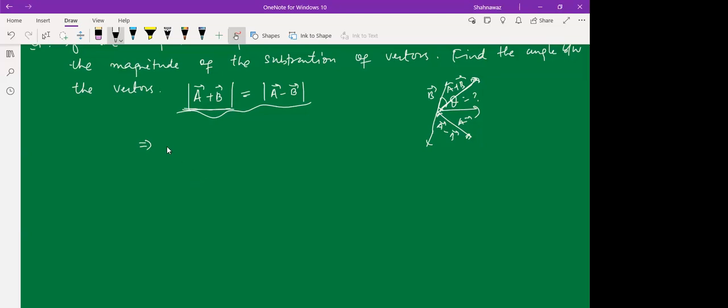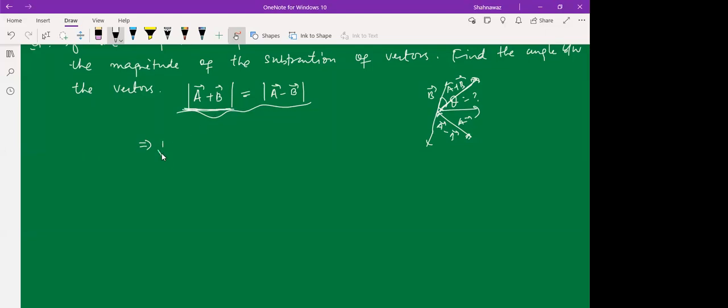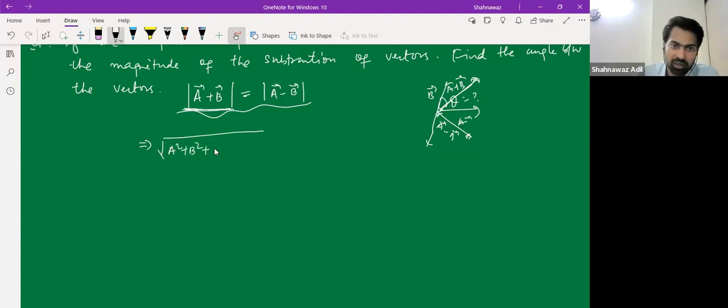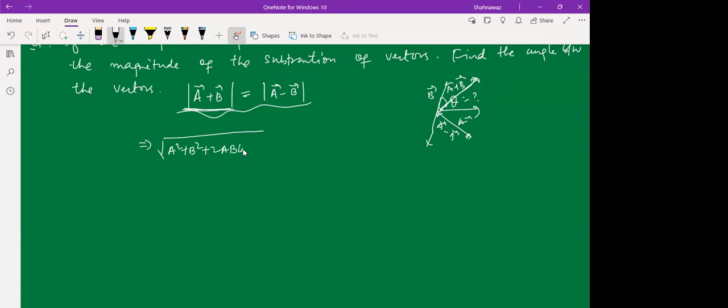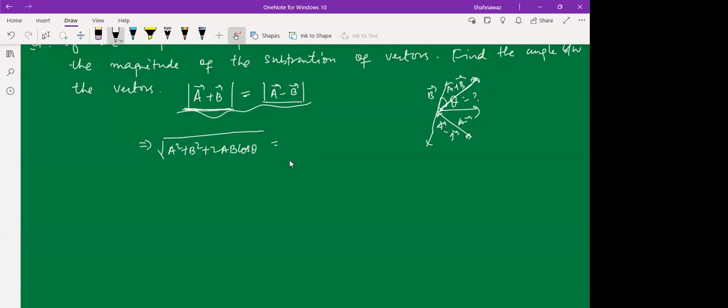So we should use the formula, right? The magnitude is the square root of A square plus B square plus 2AB cos theta. And it is given equal to the magnitude of A minus B, which is the square root of A square plus B square minus 2AB cos theta.